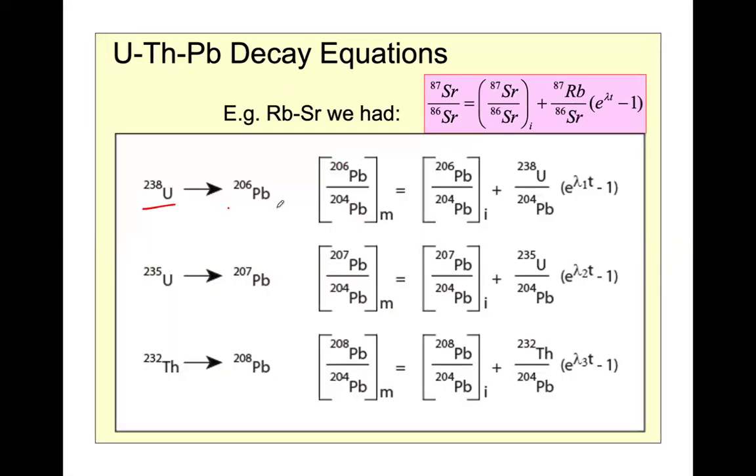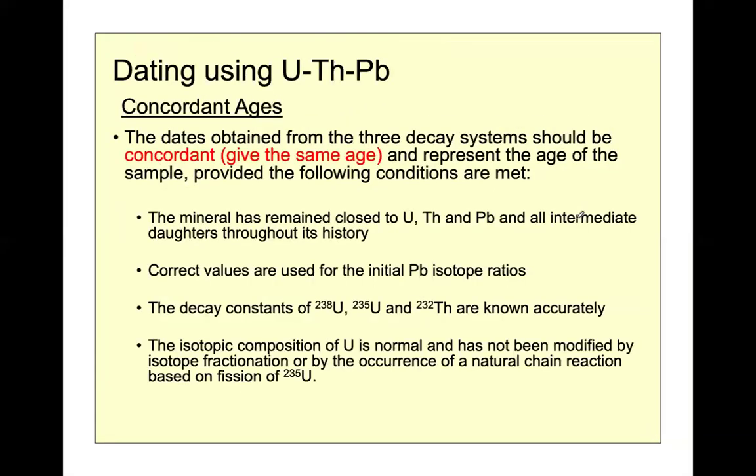238, 206, 235, 207. So these are the two systems that we took. So the amount of radiogenically produced isotope ratio quantity should be equal to this one. So this one will give you the radiogenically produced amount, right?